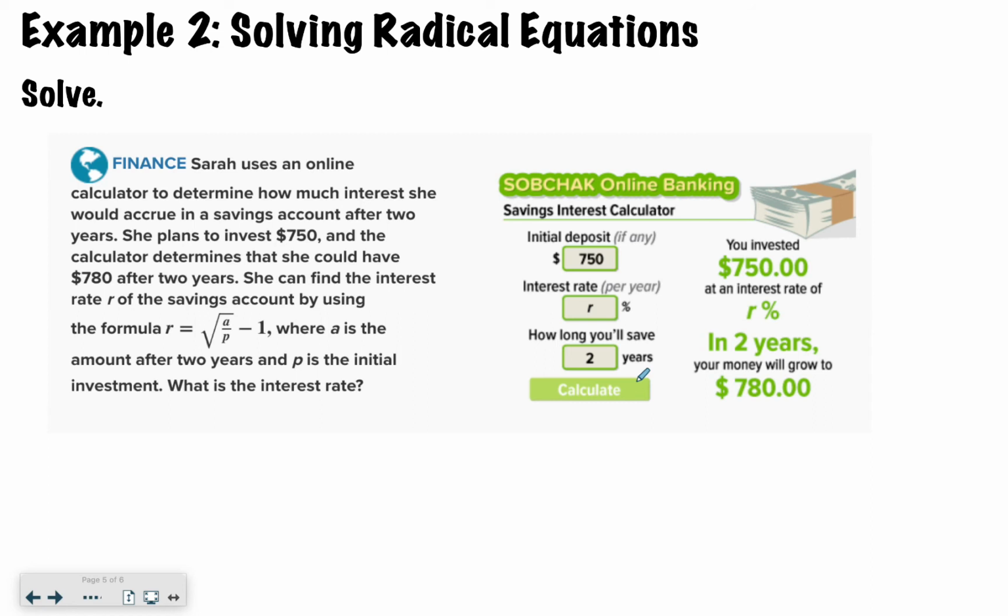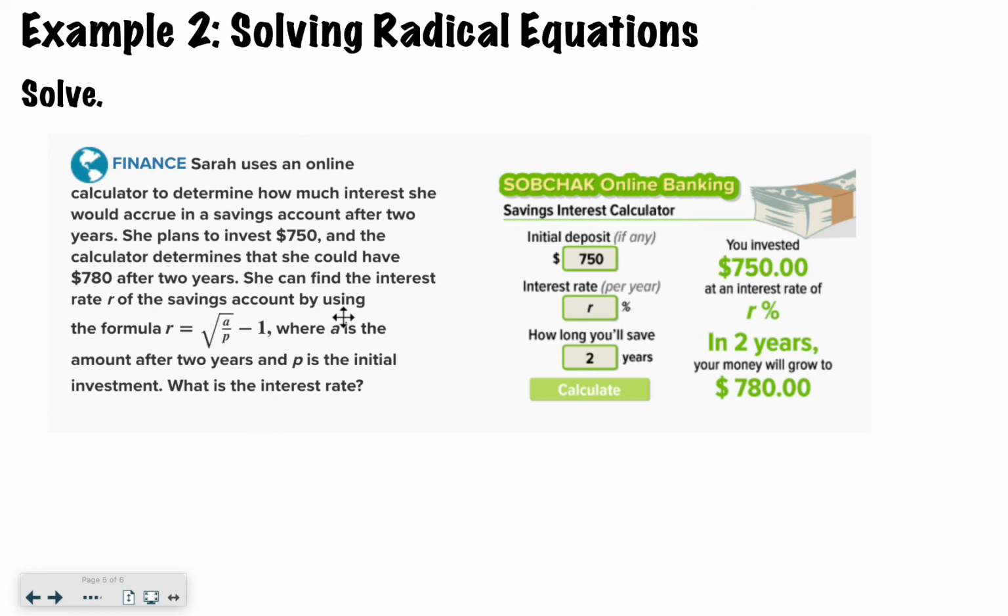She plans to invest $750, and the calculator determines that she would have $780 after 2 years. She can find the interest rate R of the savings account by using the formula R equals the square root of A divided by P, minus 1, where A is the amount after 2 years and P is the initial investment. What is the interest rate?